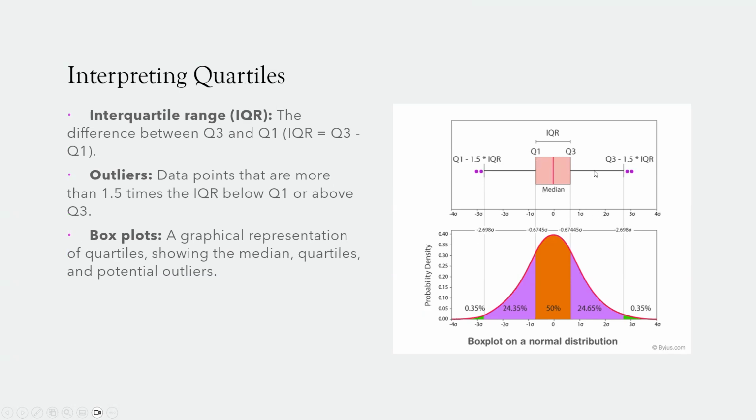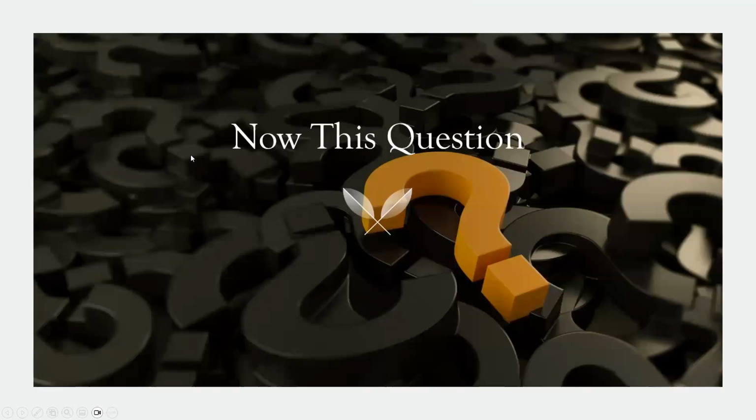Box plot, this is the box plot. Box plots are a graphical representation of quartiles showing the median. This is the median. This is the first quartile. This is the third quartile, and then the outliers on both sides.